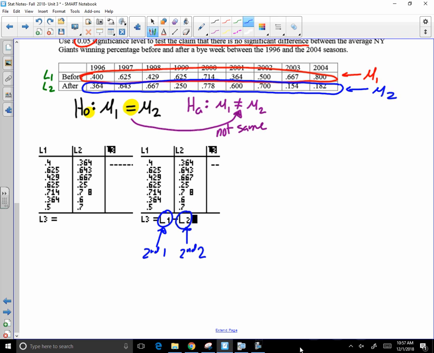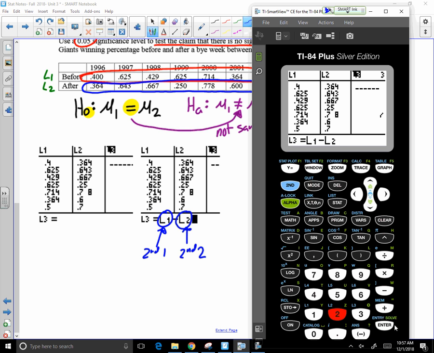Enter, and it's going to apply the change wholesale. So it's going to subtract each L2 value from the corresponding L1 value.